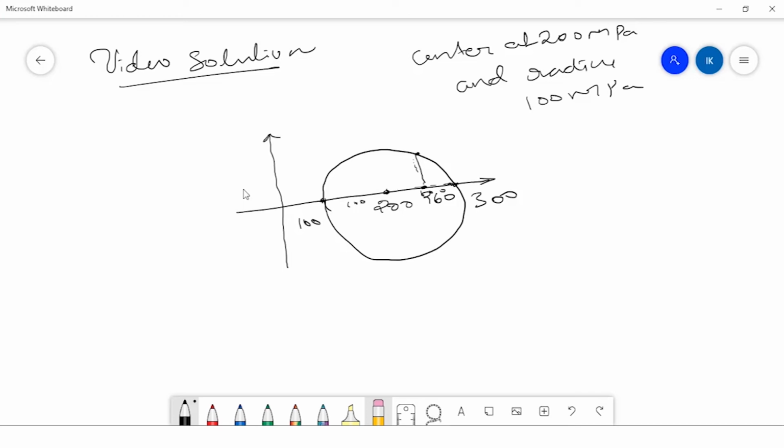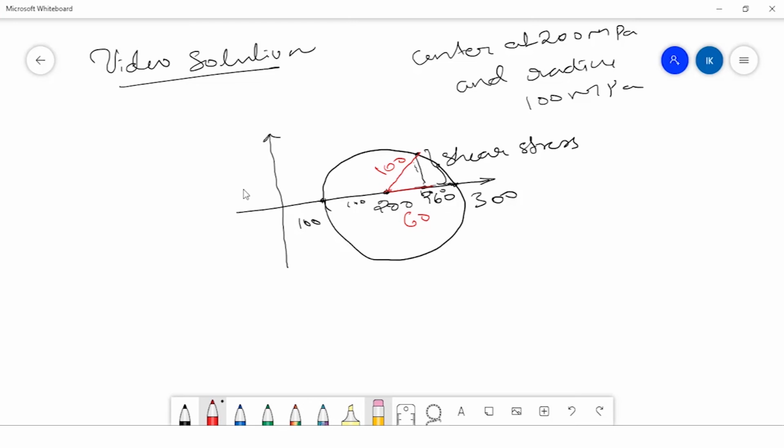So this distance will give us the shear stress. If this is 200 and this is 260, this length will be 60. Since the radius is 100, the distance between the center and this point will be 100.